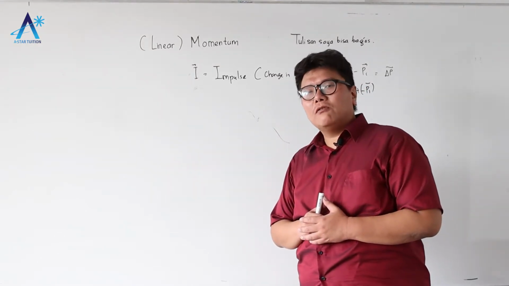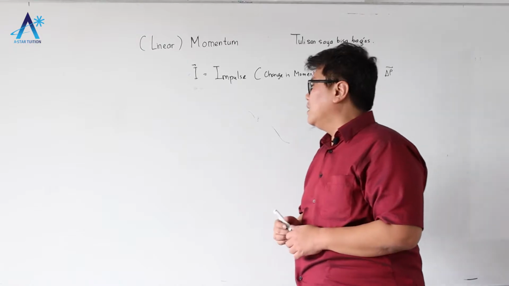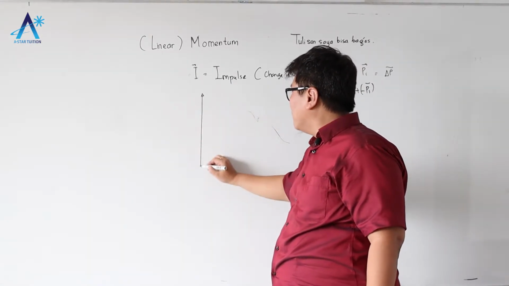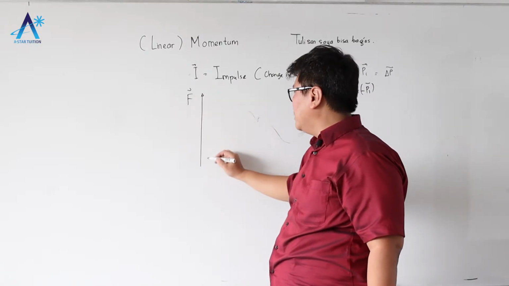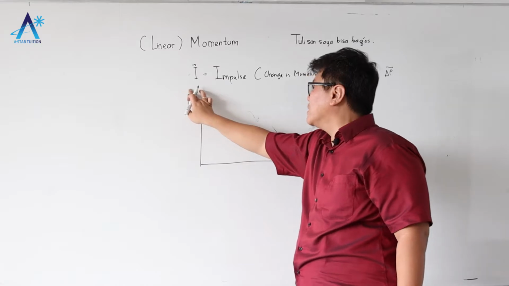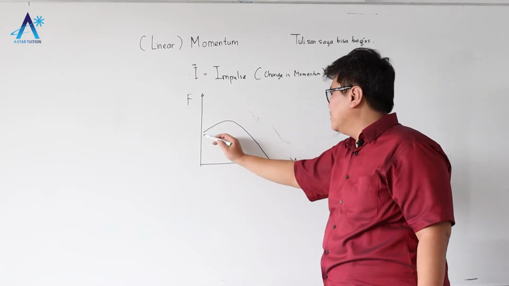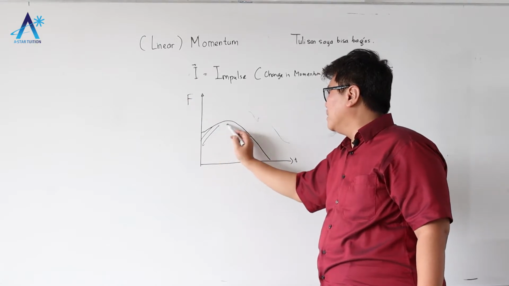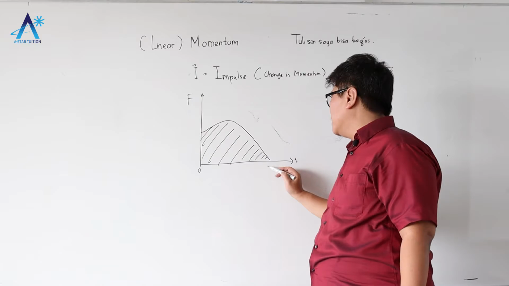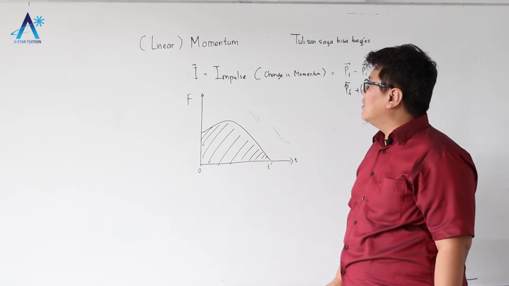Now, we can also calculate the amount of change in momentum or impulse by using the graph of force against time. Okay, so let's say this is the magnitude of the force against time. So the area under the graph from, let's say, 0 to a certain time is equal to the impulse.